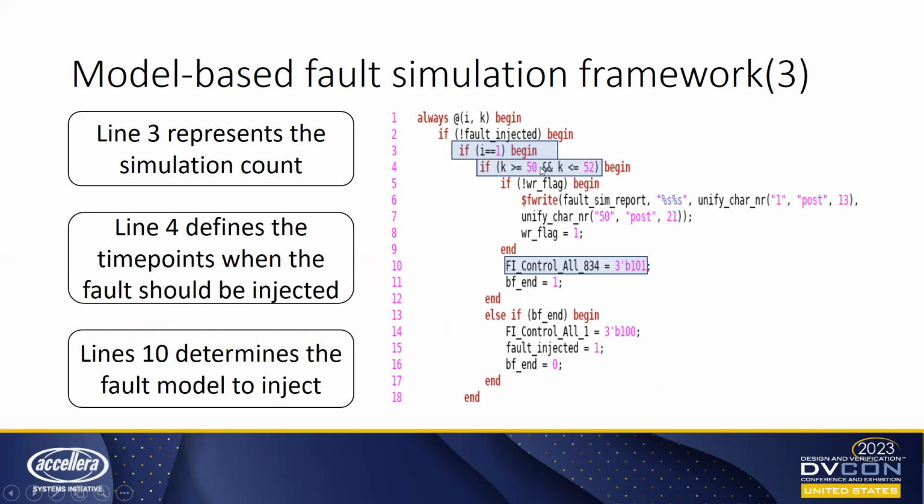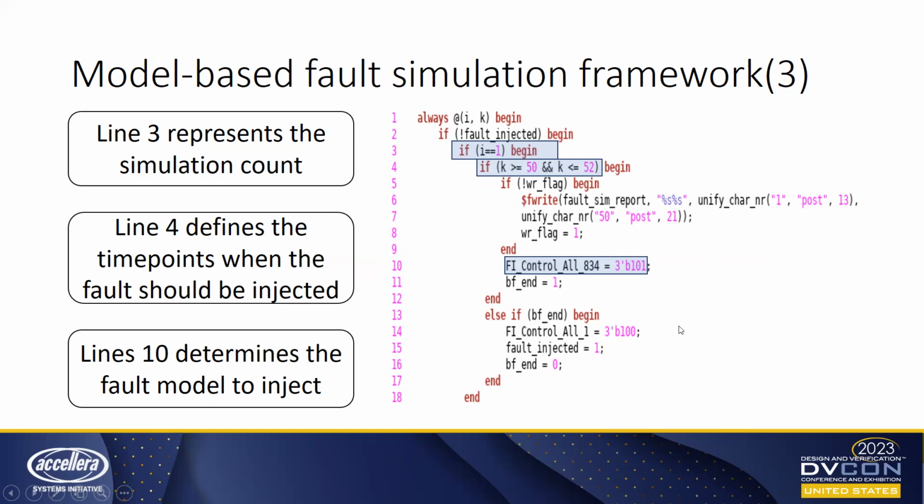And since it's only for one clock cycle, it's supposed to be a bit flip. And here you can see that line 10 is actually triggering the fault control signal to inject a bit flip. And after this period is over, the signal value is restored to the original one. So there should not be any fault injected after this time point.